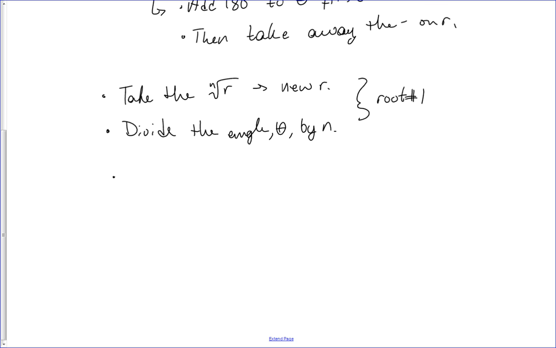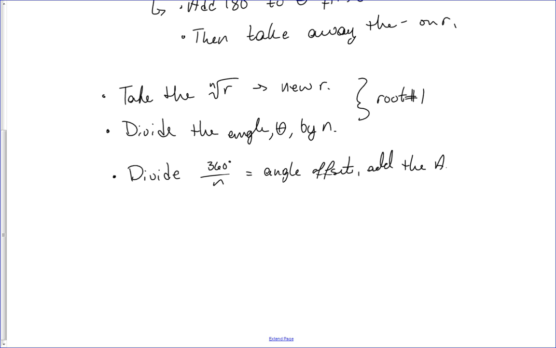Now obviously you're going to need more than one root. So then what you do is you're going to divide 360 degrees by n, and that's going to equal what's called your angle offset.